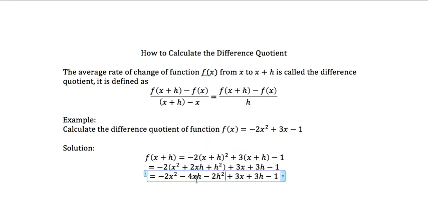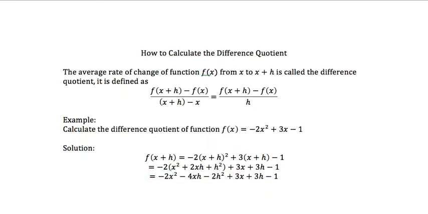Another mistake is when the student opens this parenthesis, this negative 2 should multiply each term inside the parenthesis, which means negative 2 multiplied by x squared is negative 2x squared, negative 2 multiplied by 2xh is negative 4xh, and negative 2 multiplied by h squared is negative 2h squared. That's how you open the parenthesis.